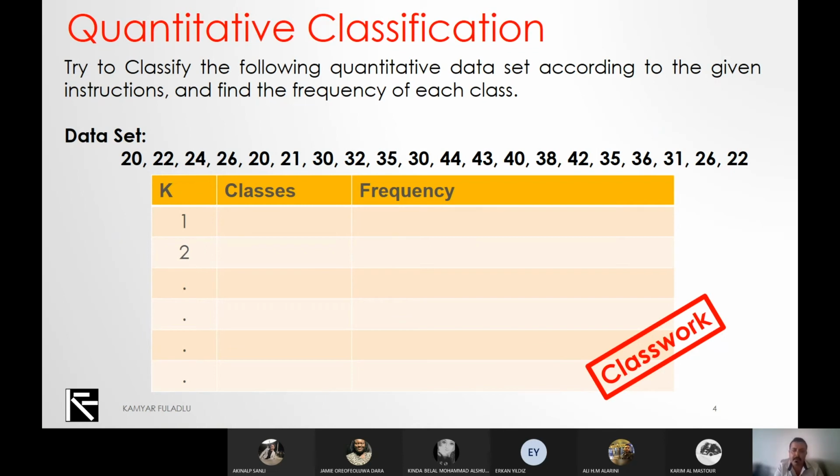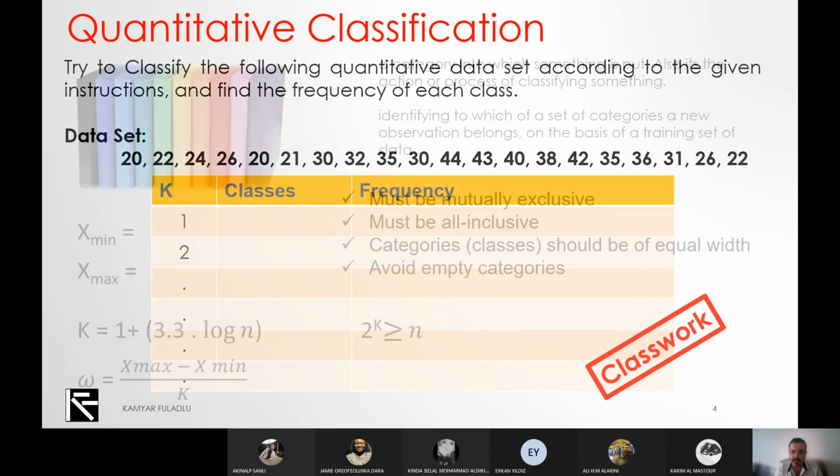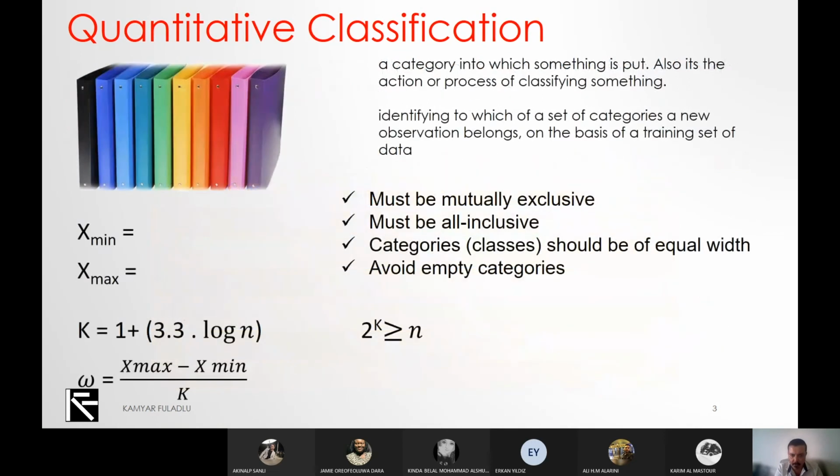For the classification, we need to have a certain rule. As you can see here, we have four important rules, and we have two important formulas which help us follow these rules.